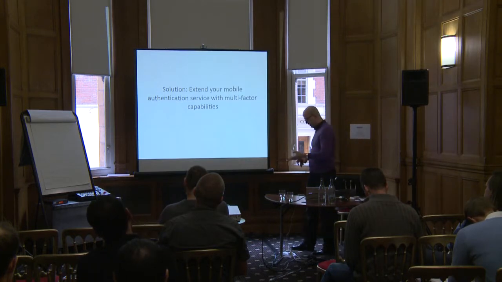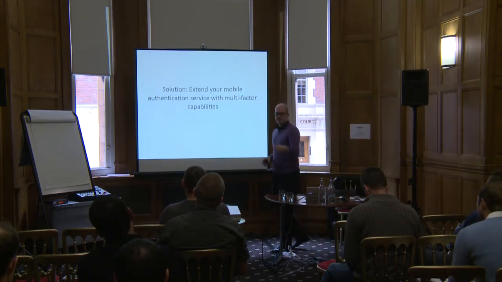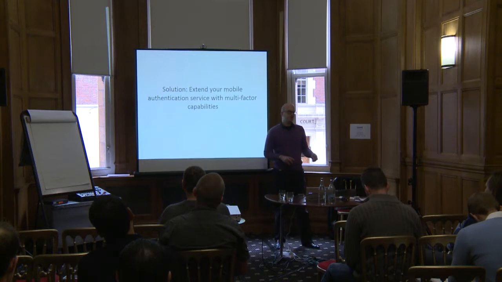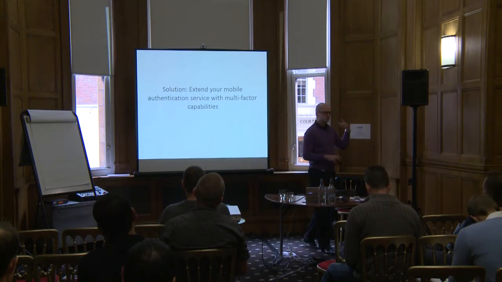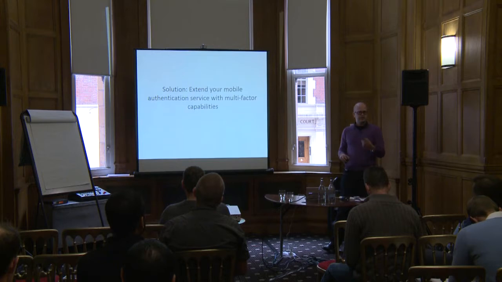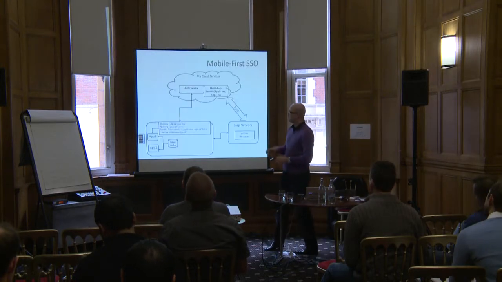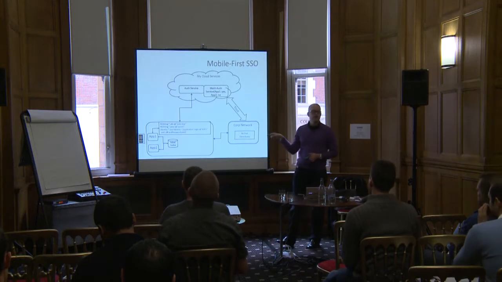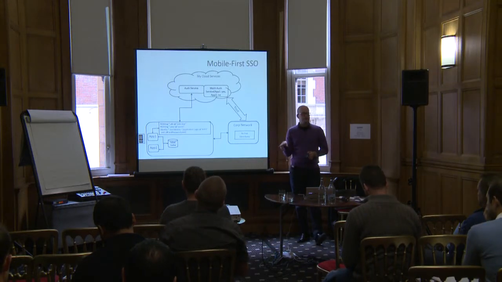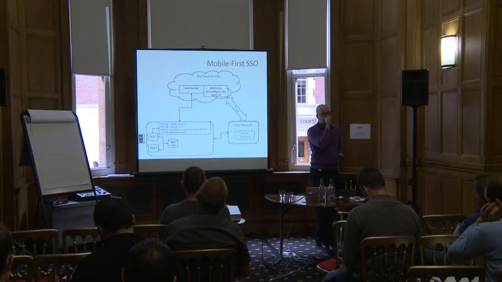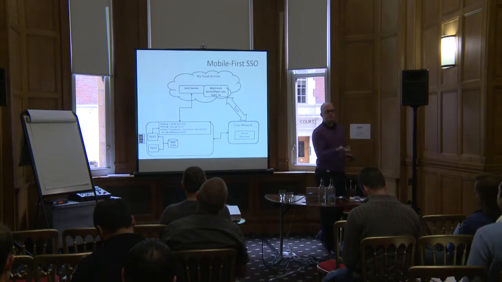Microsoft acquired PhoneFactor. Okta has one. Ping Identity has one. PhoneFactor is now called Windows Azure multi-factor authentication service or something like that. But essentially, that's another service that goes alongside your authentication service. The key here is, as a mobile developer, I shouldn't care.